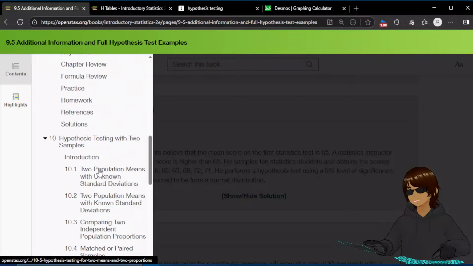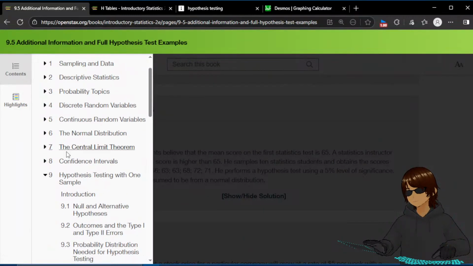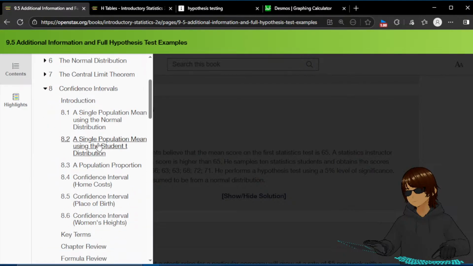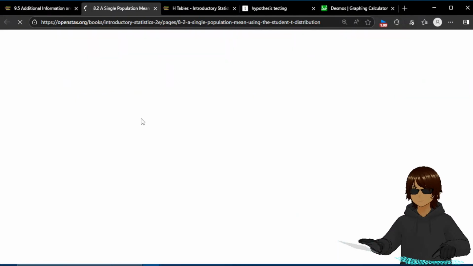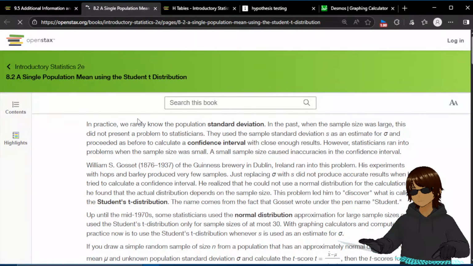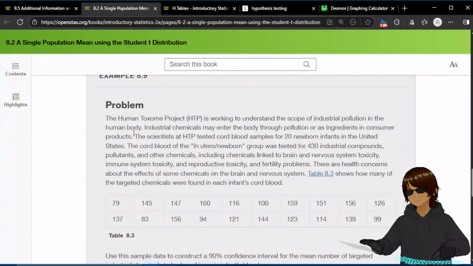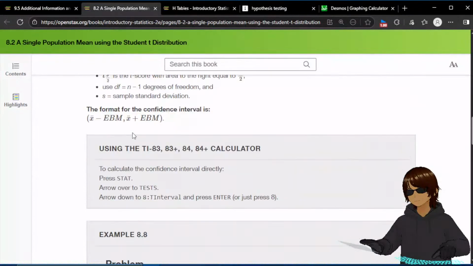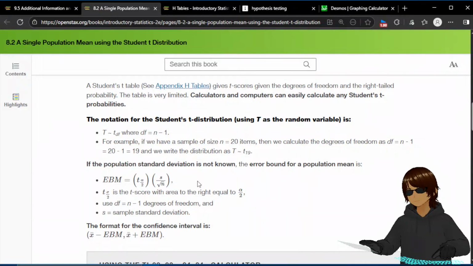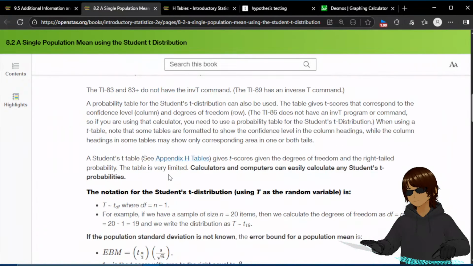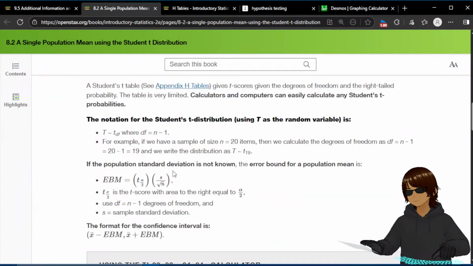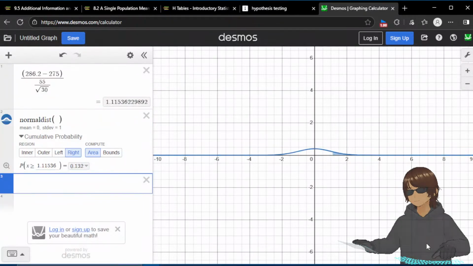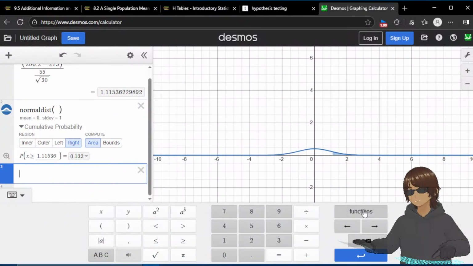Do we have to use the t distribution? The t distribution.